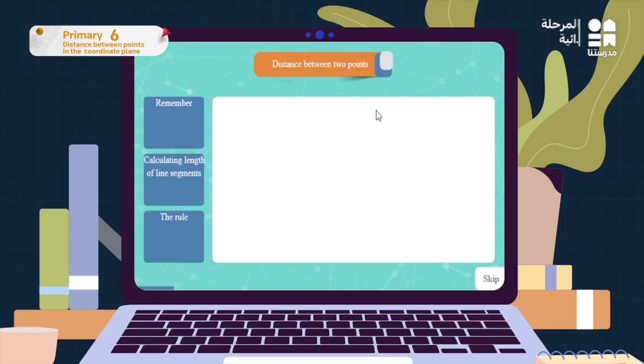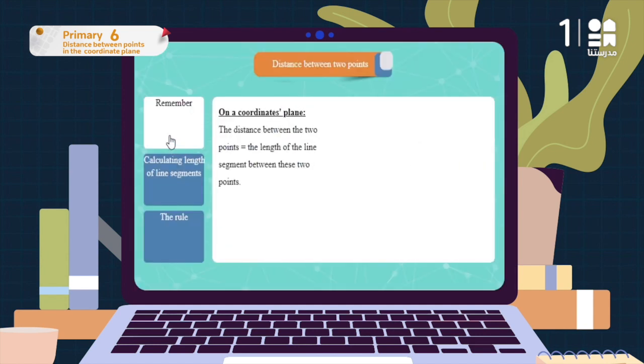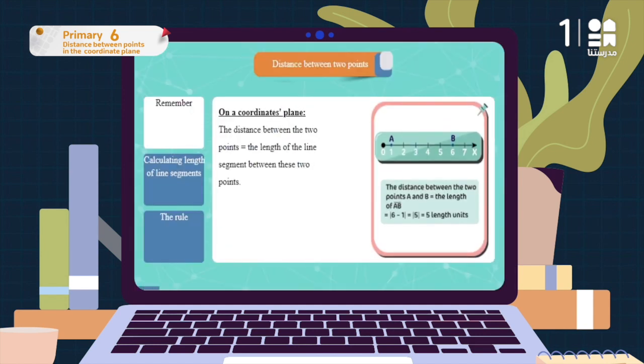Let's learn how to find the distance between 2 points on the coordinates plane, where the line segment joining between these 2 points is parallel to one of the 2 axes. We already know that to calculate the distance between 2 points on an array, we get the length of the line segment between these 2 points. And we do this by getting the absolute value of the difference between the 2 numbers, which represent the endpoints of the line segment.